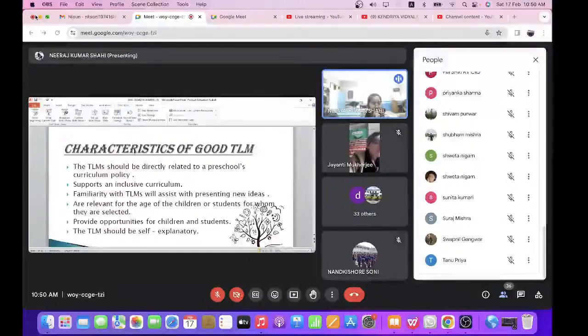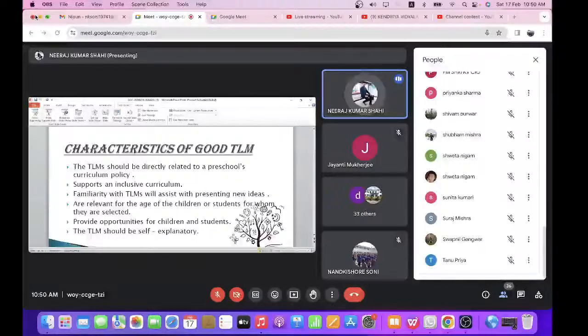The third one is that they are relevant for the age of the children or students for whom they are selected. As we are primary teachers, we teach from 1 to 5, so whatever TLM we make should not be for secondary or above.